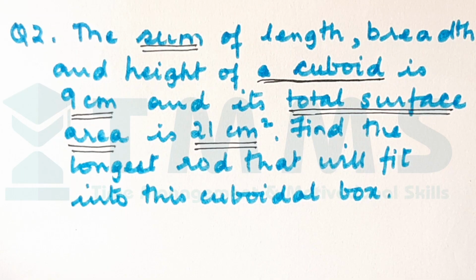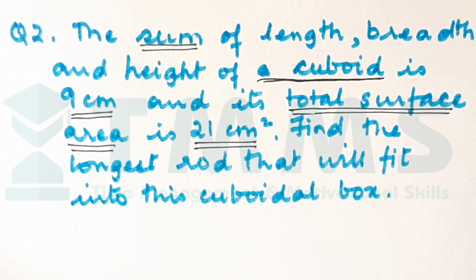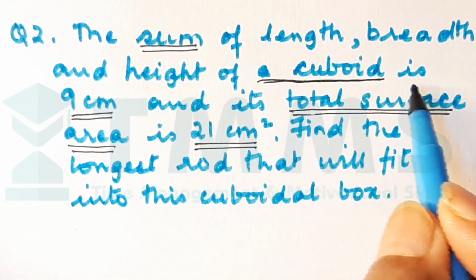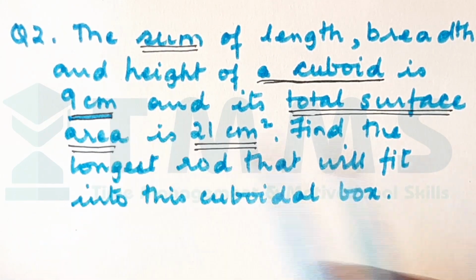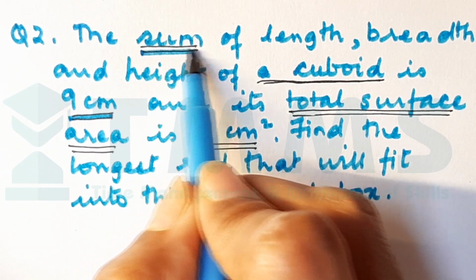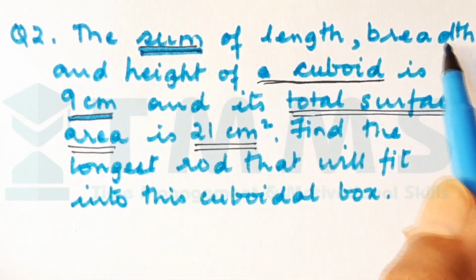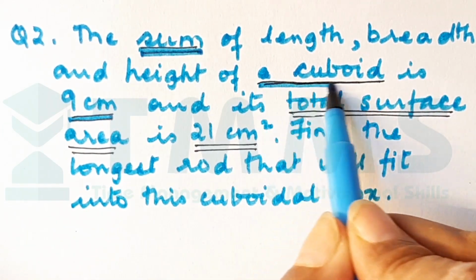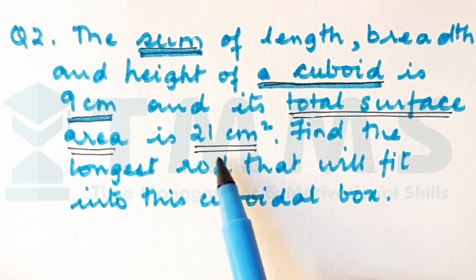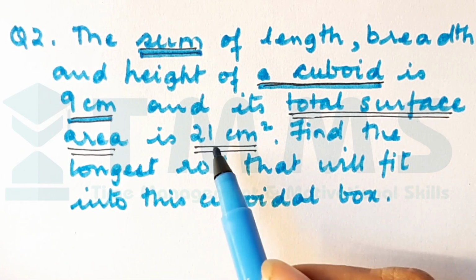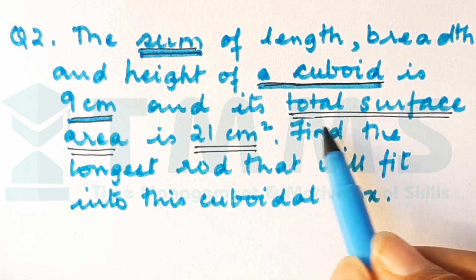Good. Question number 2. The sum of length, breadth and height of a cuboid is 9 centimeter. What is 9 centimeter? It is the sum of length, breadth and height of a cuboid. And its total surface area is 21 centimeter square. What is 21 centimeter square?